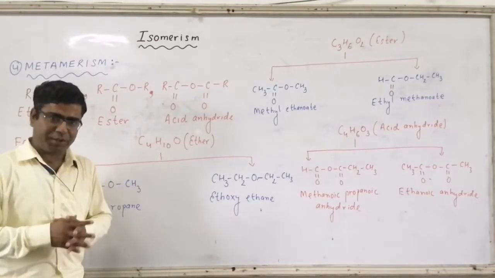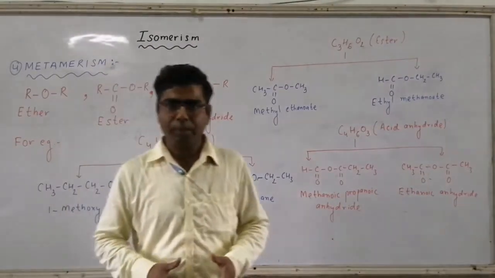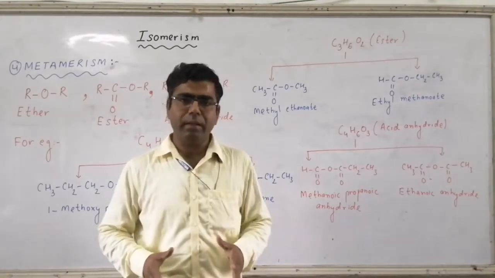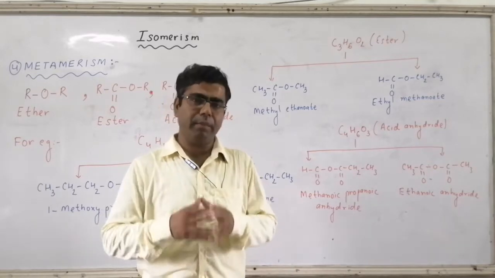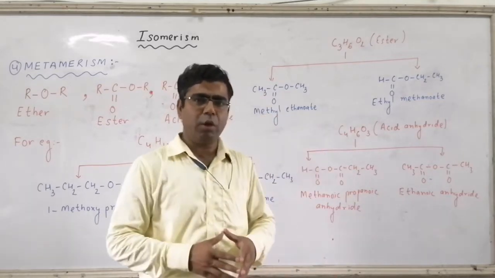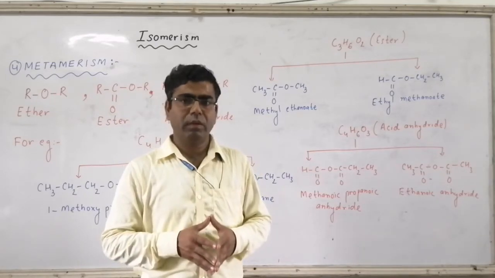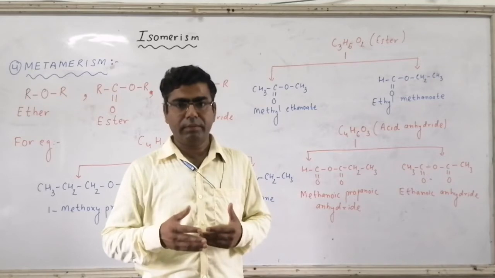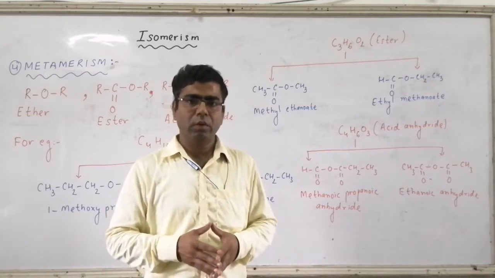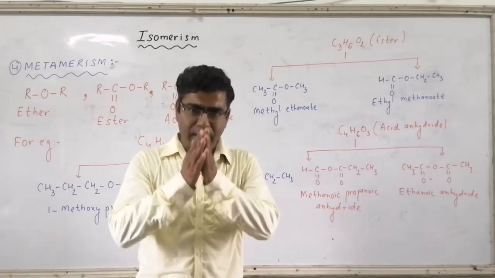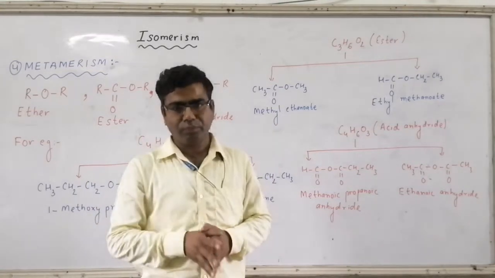So structure first we can draw. How to draw? On one side you have to take maximum number of carbon atom, and on the other side you have to take minimum number of carbon atom. Then for getting metamer, you will simply shift one carbon atom from the maximum side to the minimum side.